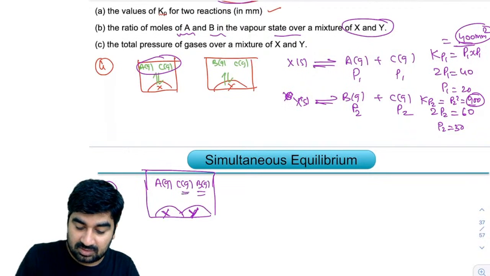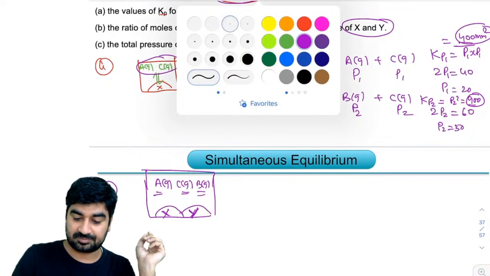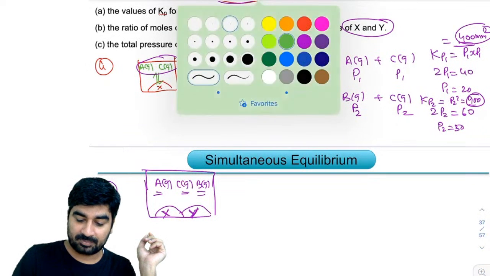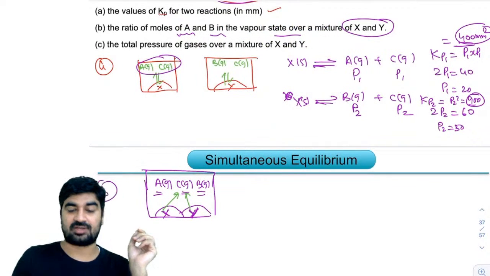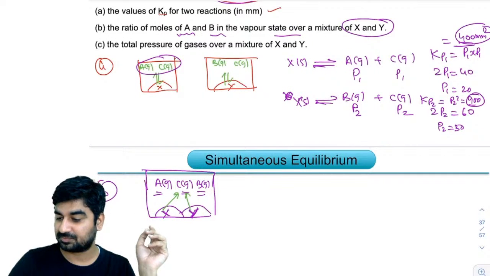So there will be C and B, but this time this C has two sources. It is coming from X as well as Y.